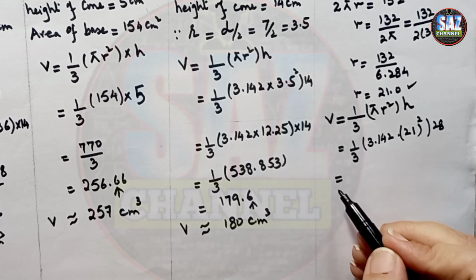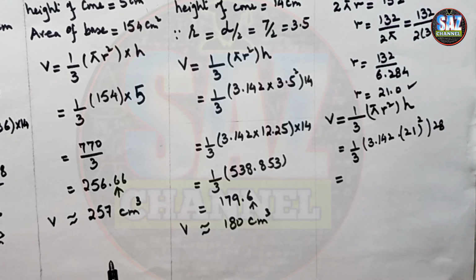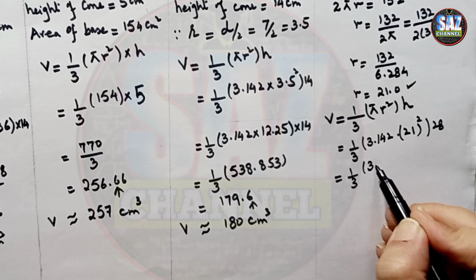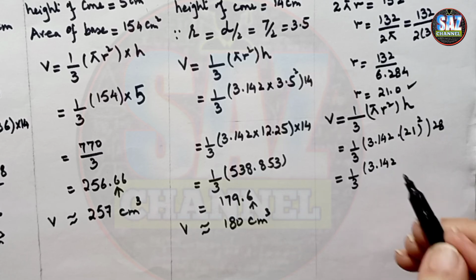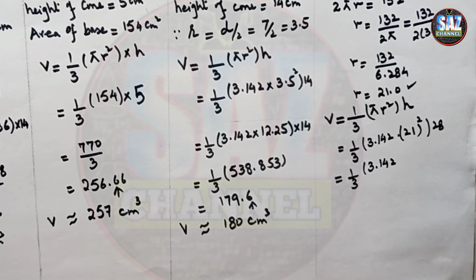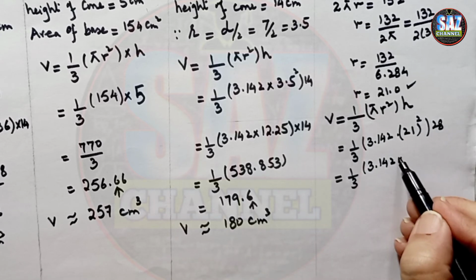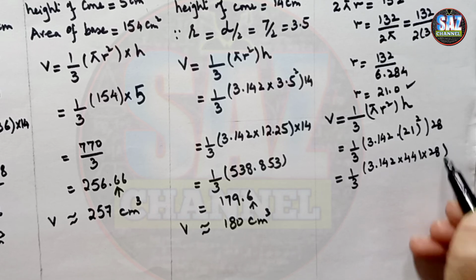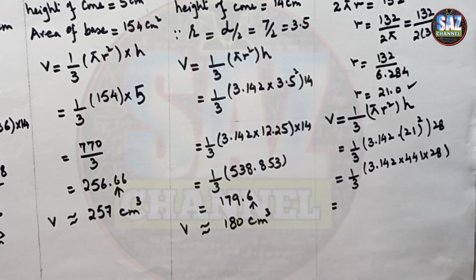Now I have to take the square of 21, multiplied by 21, multiplied by 3.142. Because this is the starting lesson, we must show the calculations so the students can understand easily. 21 square is 441 multiplied by 28. Now 441 multiplied by 3.142 and multiplied by 28.